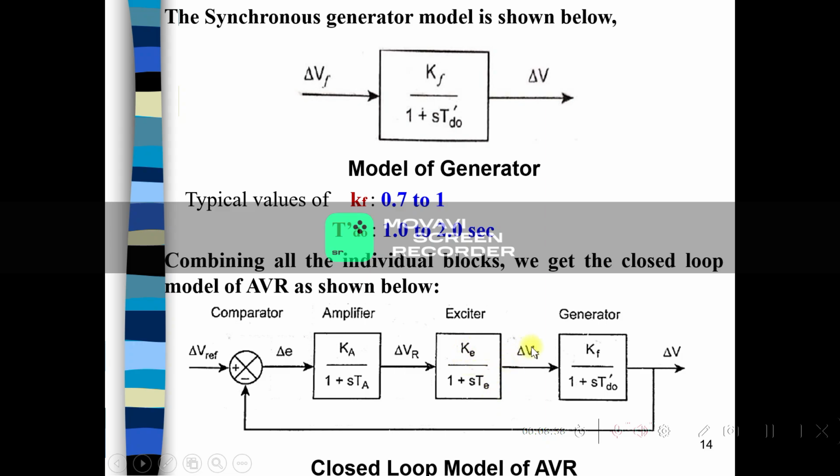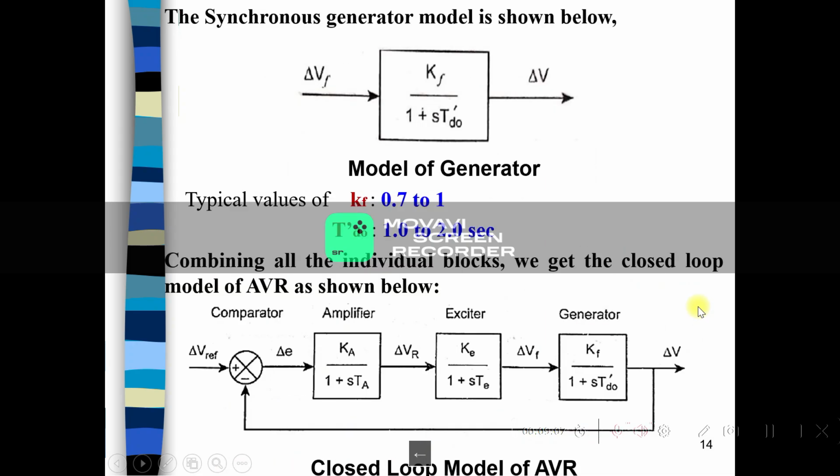The exciter output is connected to the generator input. The generator input del VF is given at the input side, and then the generator is Kf divided by 1 plus s T'd0. This is the closed loop model of the automatic voltage regulator.